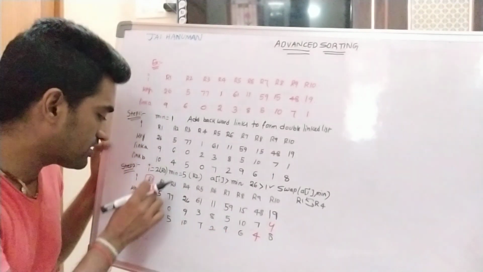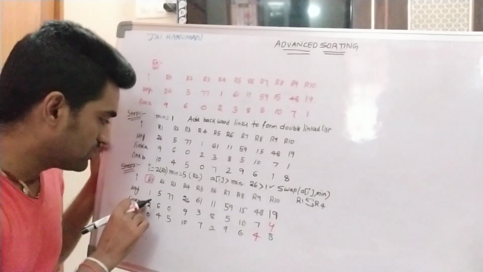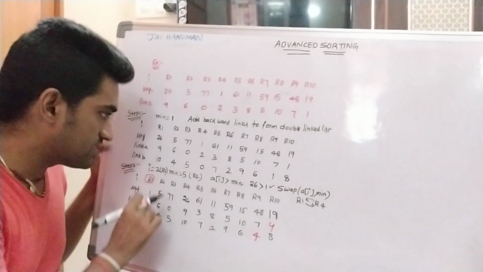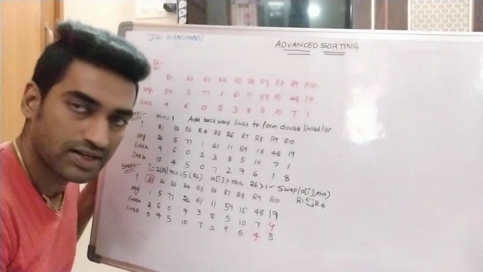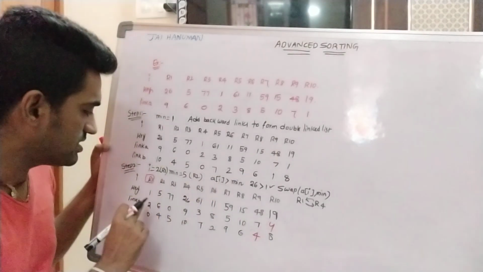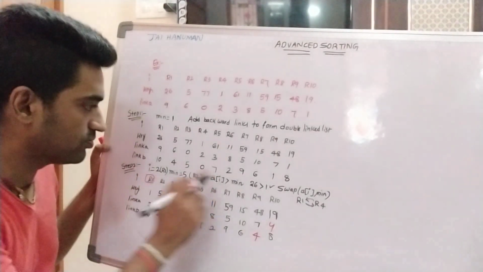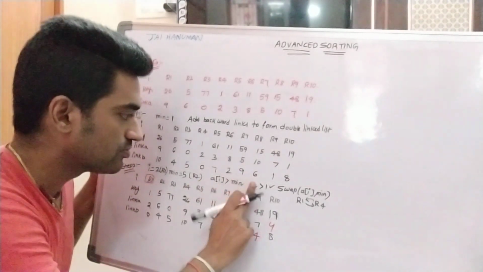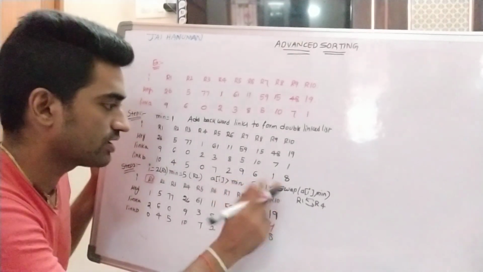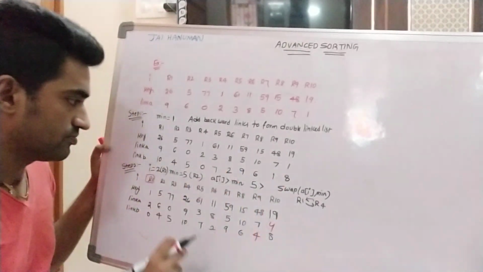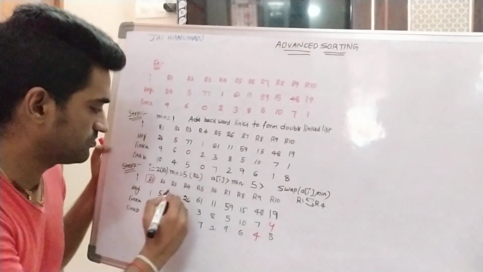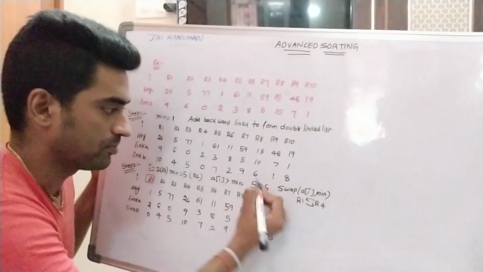So how to find the minimum value for the next step? The record pointed to by the already sorted record's link A value is set to be the minimum value. So A of I greater than minimum. What is A of I? A of 2, so 5 greater than the minimum value, which is also 5.